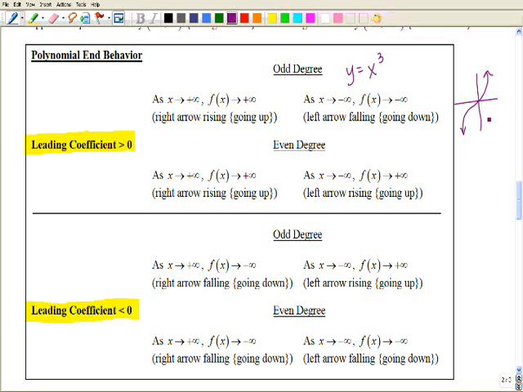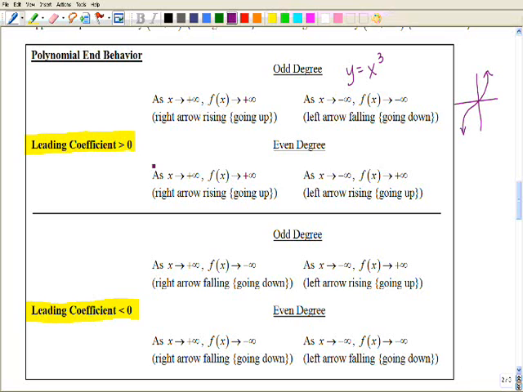And notice it follows exactly what we're saying. For x approaching positive infinity, the y values are approaching positive infinity. So on this side, as x is slowly getting bigger and bigger, the y values are getting bigger and bigger. And then it says as x approaches negative infinity, the y values approach negative infinity. So on the left side, this will be going down. So the right arrow is going up, left arrow going down.